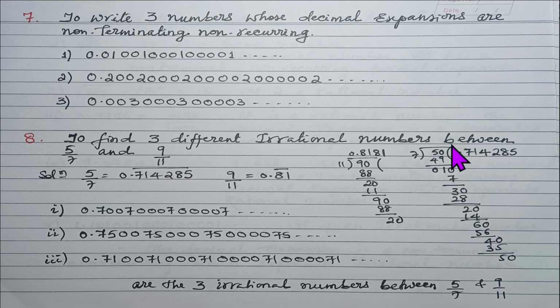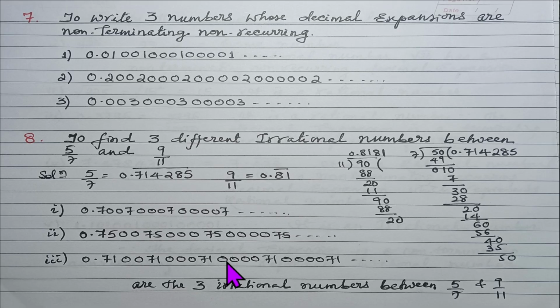Now to find three different irrational numbers between 5 by 7 and 9 by 11. First convert 5 by 7 into a decimal expansion, which is a non-terminating recurring decimal expansion with 6 digits in the repeating block, and 9 by 11 is also a non-terminating recurring decimal expansion, 0.81 bar. Now we have to write three irrational numbers lying between these two, and the numbers should lie between 0.7 and 0.8, and that's what I have listed here.